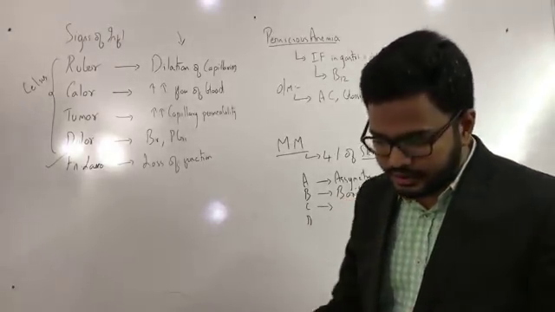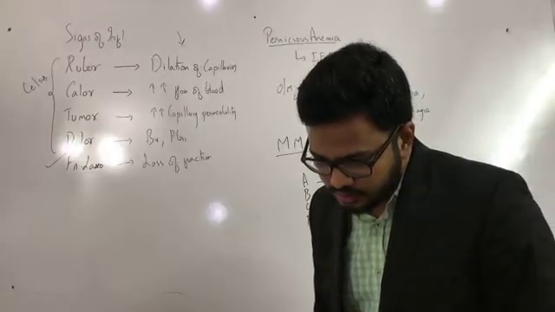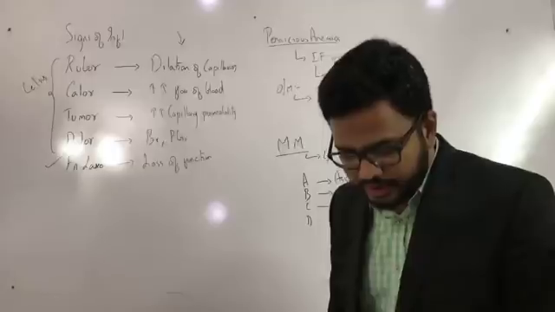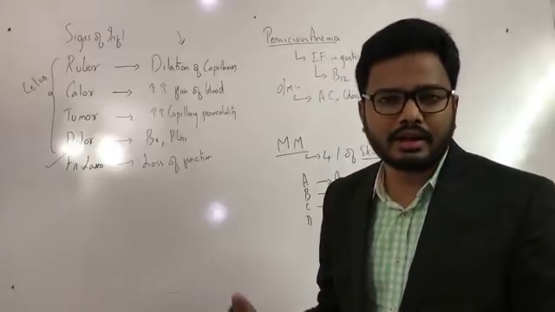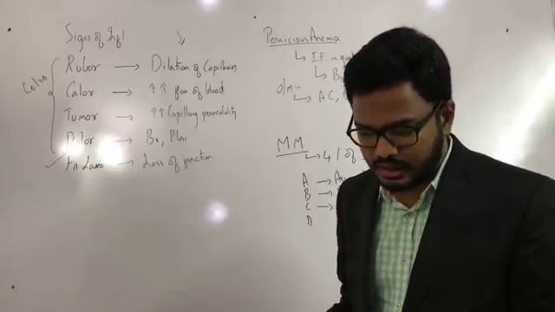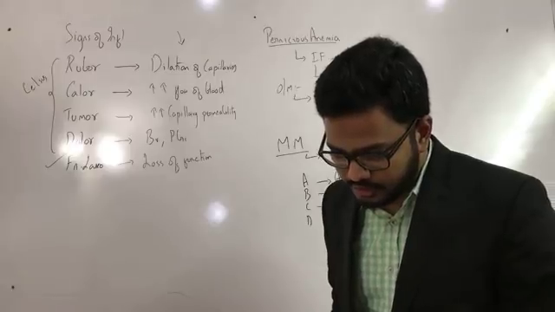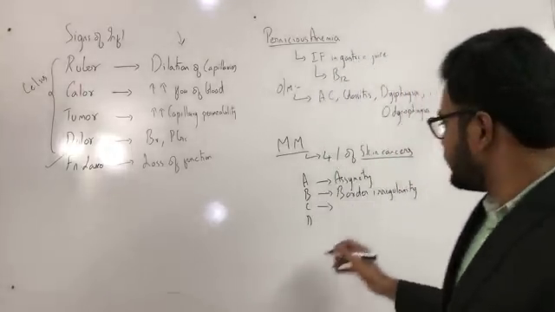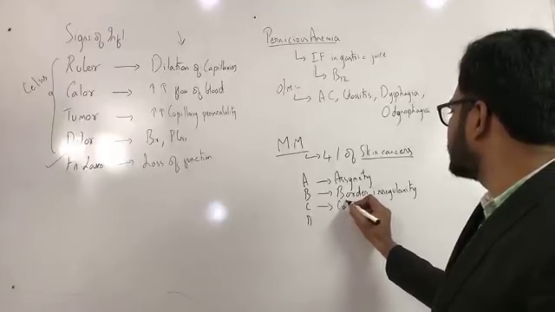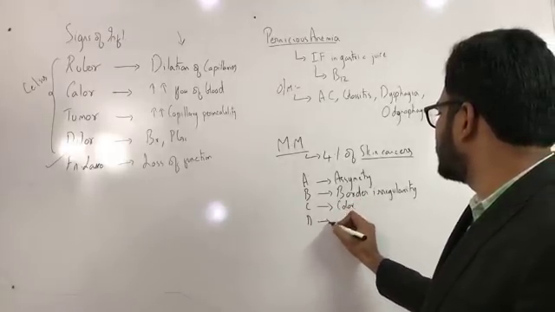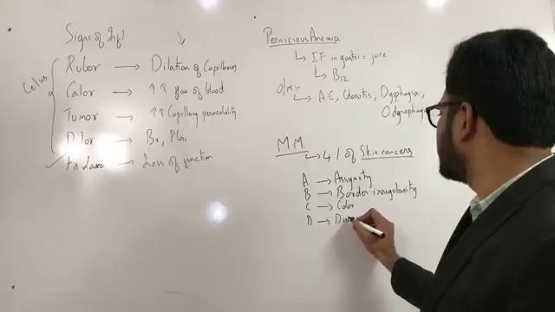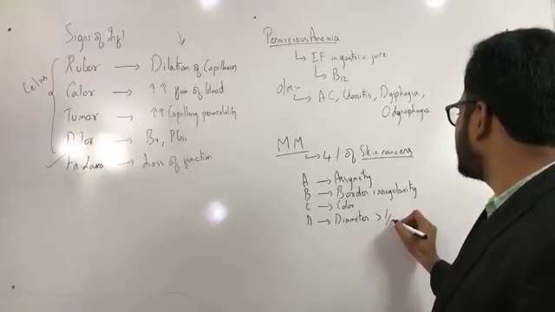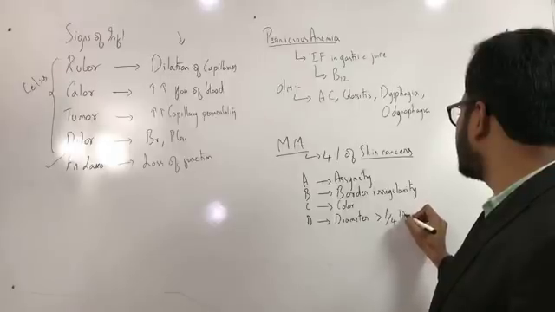C for different colors. Yeah, C for color, color variability. You can have brown, black, blue, gray or pink colors. There can be color variability. And D for diameter. Diameter often greater than 1/4 inch.